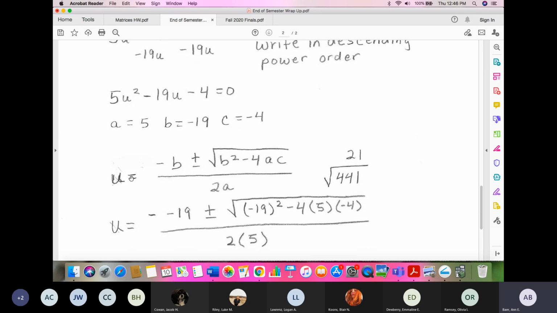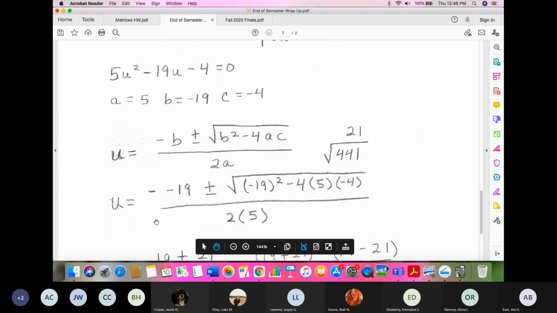So we've got u equals negative b, and b happens to be negative 19, plus or minus the square root of b, which is negative 19 squared, minus 4 times a, which is 5, times c, which is negative 4, all multiplied together, all over 2 times a, which is 5.